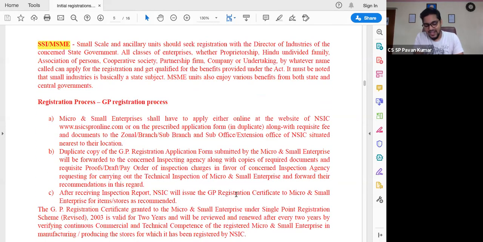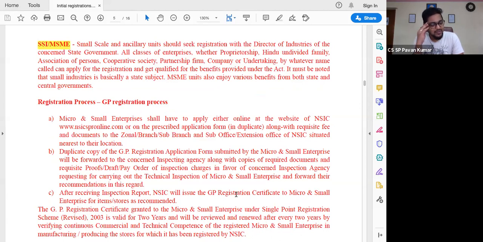Next comes the SSI or MSME registrations. Small scale industry or MSME registration. Even in your study material, MSME registration is mentioned again at the end of the chapter, and two types of MSME registrations are mentioned, so don't get confused.